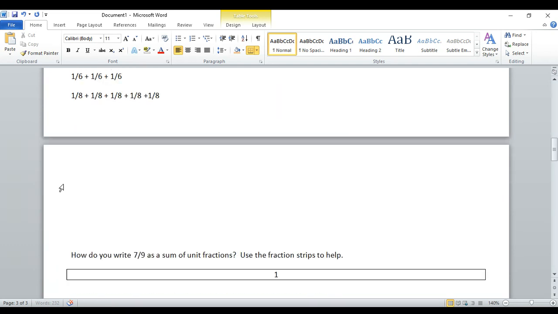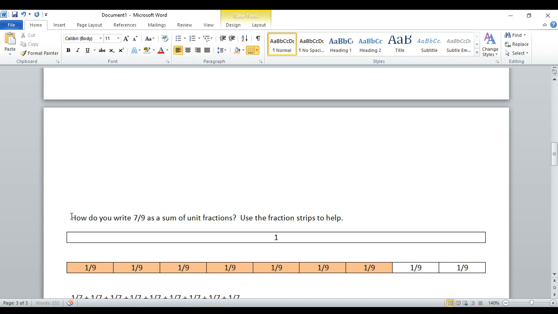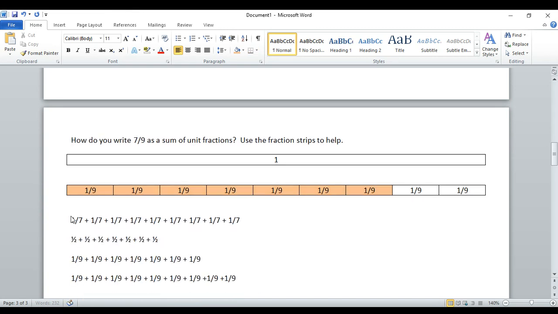All right, and we'll do one more. This one says, how do you write 7/9 as a sum of unit fractions? So you look down here, 1, 2, 3, 4, 5, 6, 7 of these are highlighted. They are all 1/9. So we know it's going to be 1/9 written 7 times.